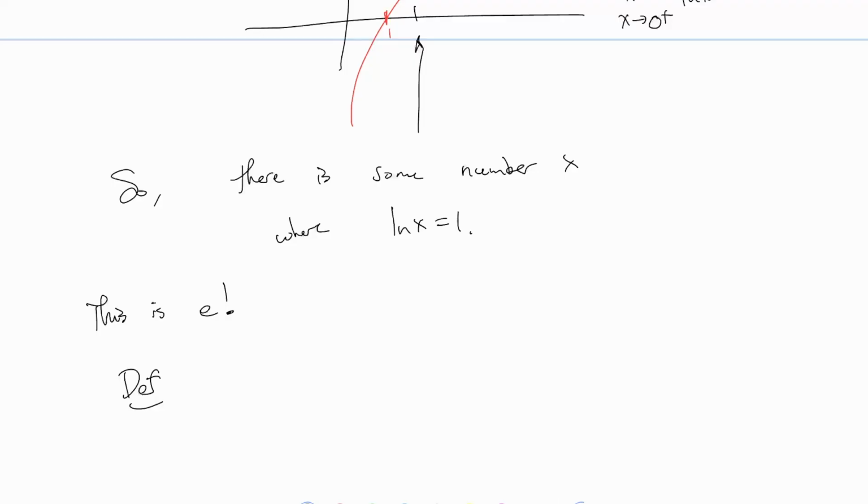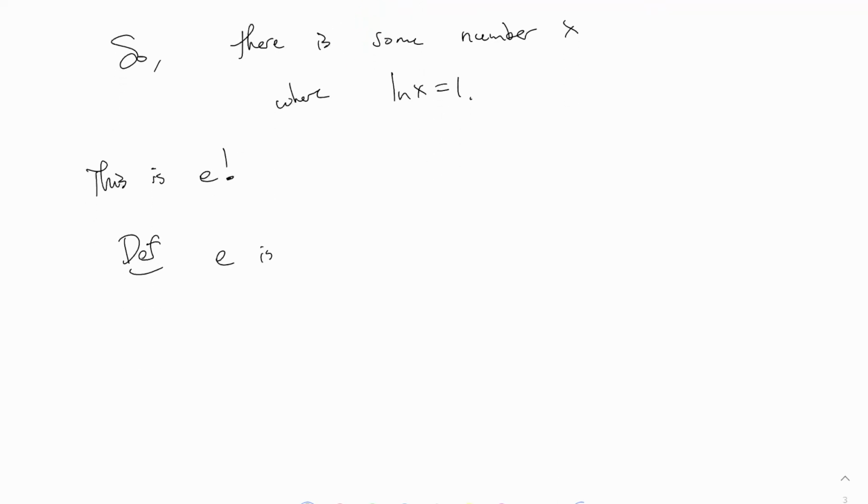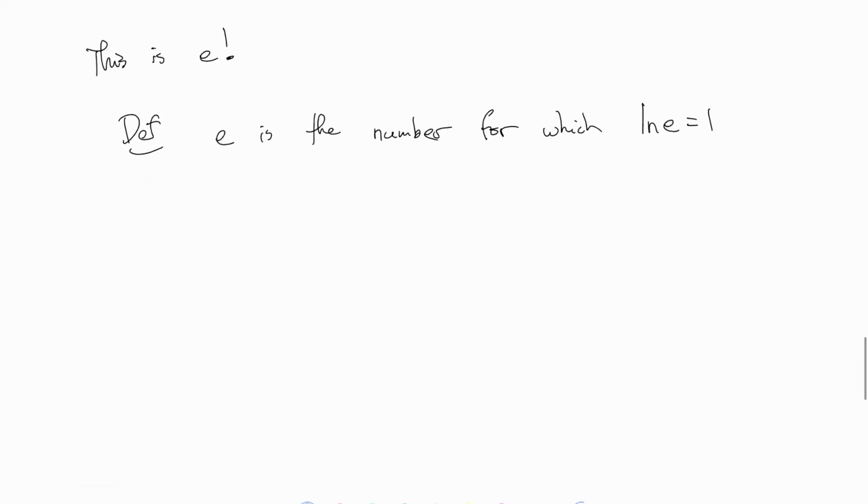And then what is the definition of E? I'm not going to use some weird limit of something to the nth power or whatever. The definition of E is just E is the number for which ln of E equals 1. All right? And another way of thinking about that, remember the definition of ln, it's this area under the curve, where that's 1, that's E, and the area equals 1.